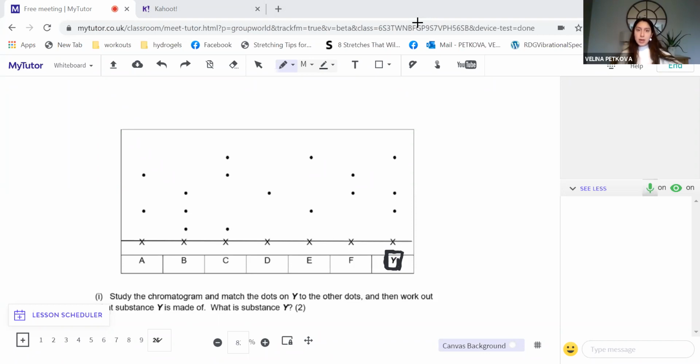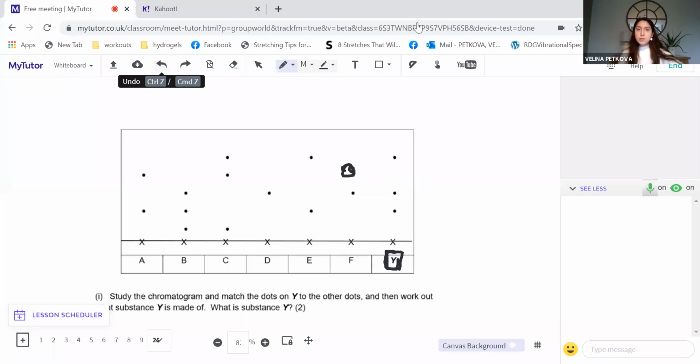Okay, so it couldn't be E, F, C because can you see this dot and this dot are not present in Y? If it was E, F, C, you'd need these two dots as well. It also can't be F because this dot is not present here.